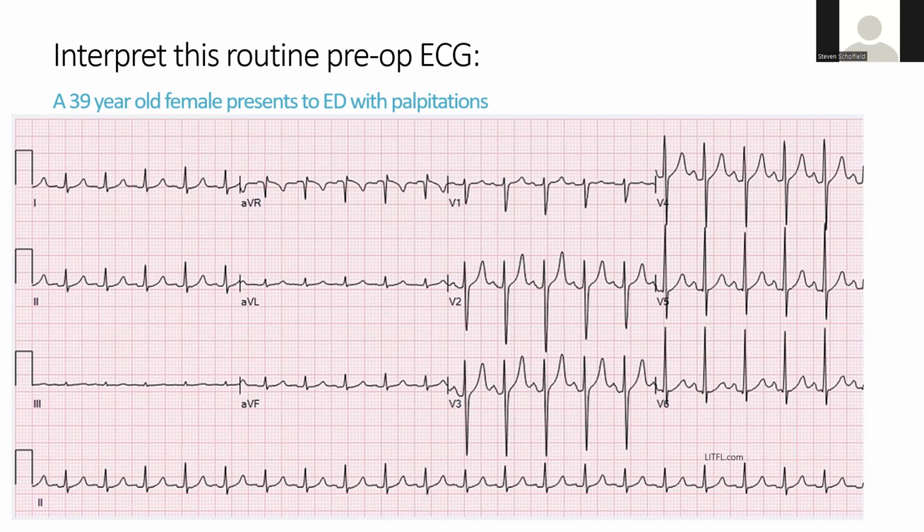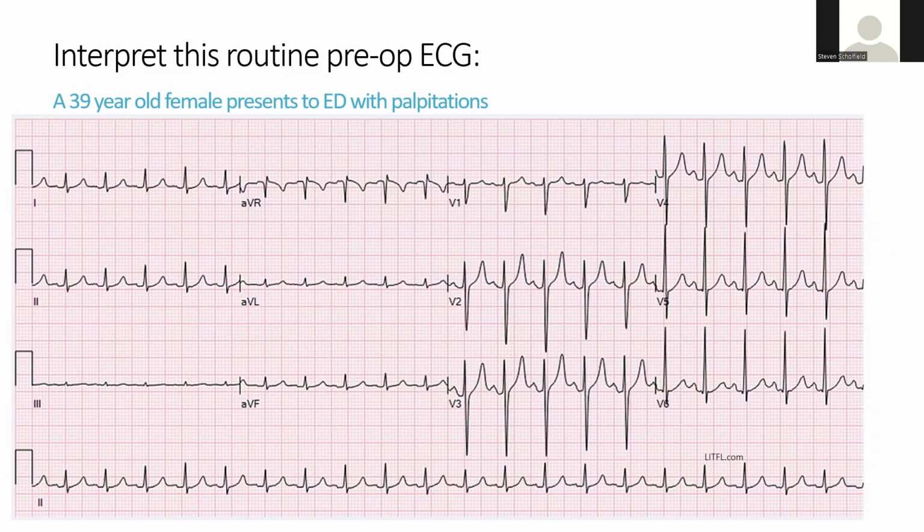So as we said, start off with the rate. So a couple of ways you can do it. You can count how many QRS complexes there are if it's a 10-second strip, or you can look at the distance between your RR interval, and however many big squares there are, you can do 300 divided by that number. I guess this is probably just under 3 squares, so 300 divided by slightly less than 3.